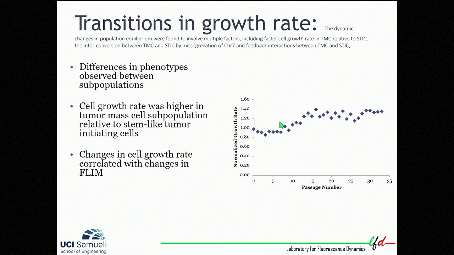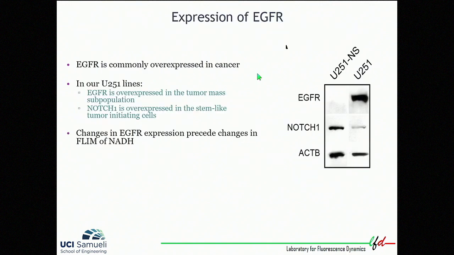And if we look at transition and growth rates, how dynamic the changes in population equilibrium happen due to different types of factors, especially when they're transitioning to tumor mass cells, you can see that the increase in normalized growth rate has occurred after passage number 10.